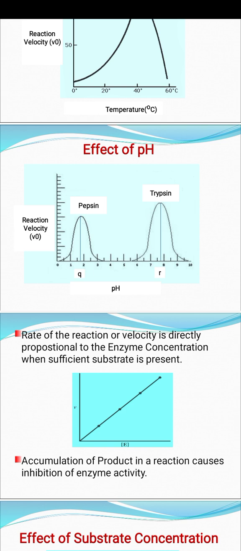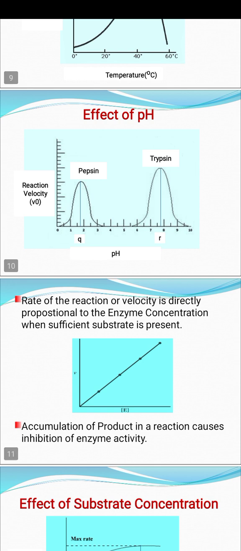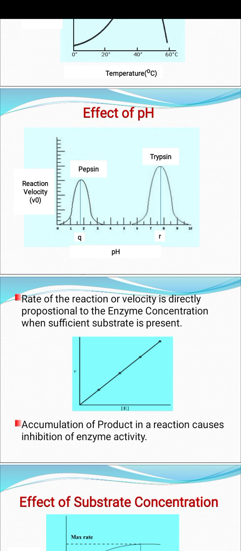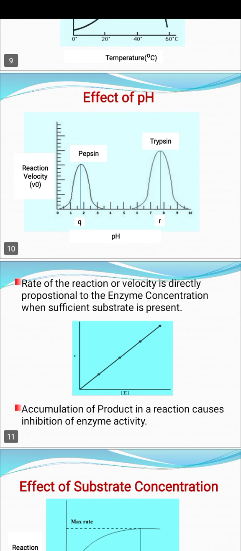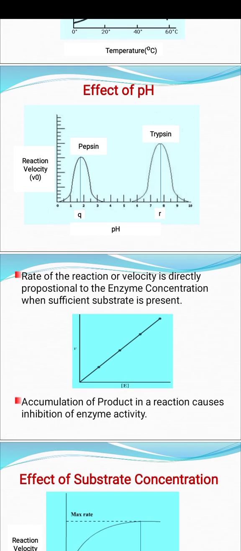The more the enzyme, the faster the reaction. If the amount of enzyme doubles, the rate of reaction doubles. It is only for the beginning of the reaction. It does not hold if the concentration is higher, because the amount of substrate may not be sufficient to permit the maximum activity. Is that clear?